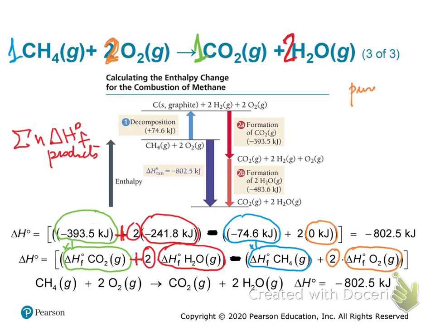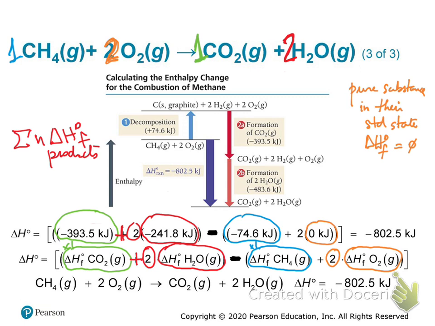Every pure substance in its standard state has its delta H0F equal to 0. Since we're talking about oxygen, an element by itself, not combined with anything. Oxygen in this equation is a diatomic gas, so the standard state is being respected. So therefore, delta H0F is 0.